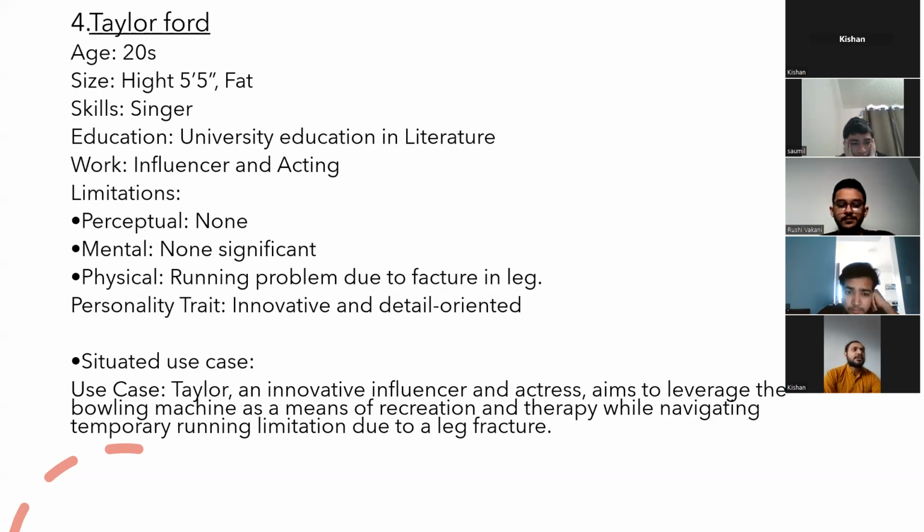For the fourth, we chose Taylor Ford. He's 20 years old and he's a singer, and he uses this machine for refreshing in his leisure time, to refresh his mind.